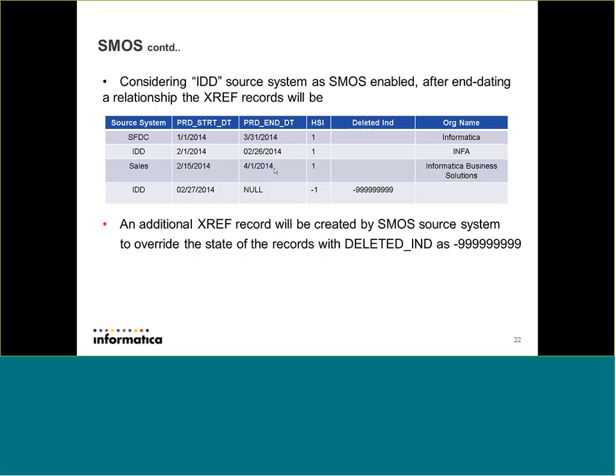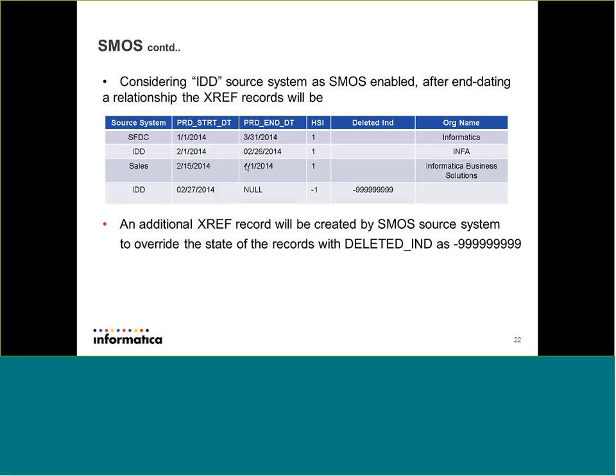Earlier in the BO, when I end dated a relationship, I would update the BO record rel end date with the system date. But as we don't have these effective dates available at BO level, the cross-reference records should be overridden by one of the source systems, which tells the system that this particular relationship is no more active in the future.